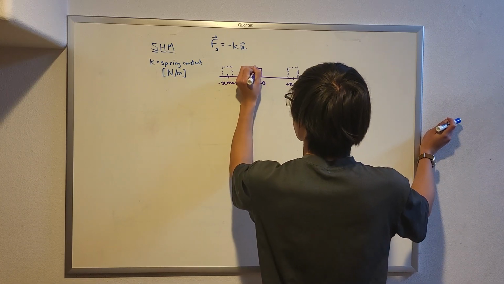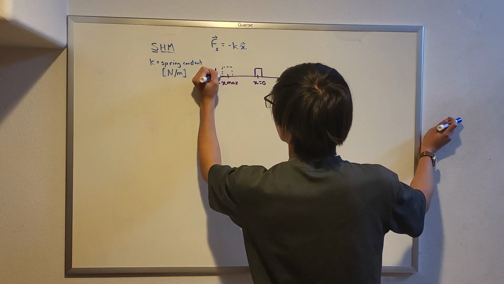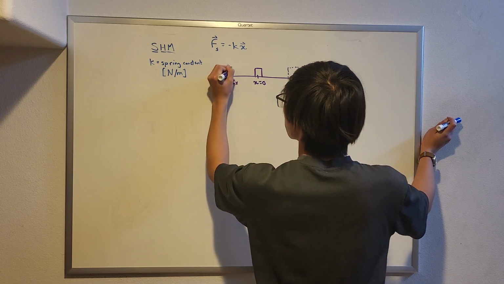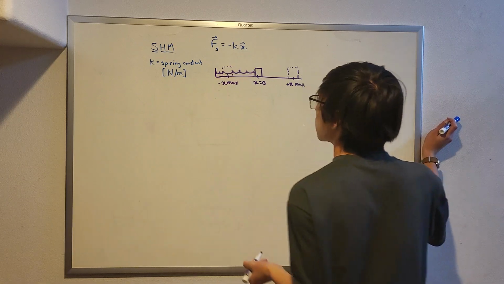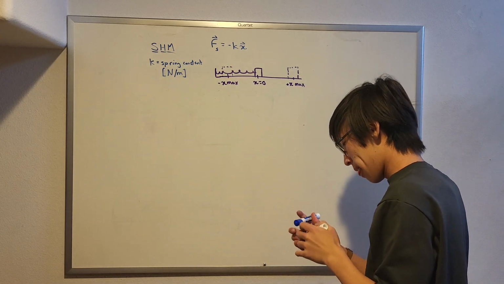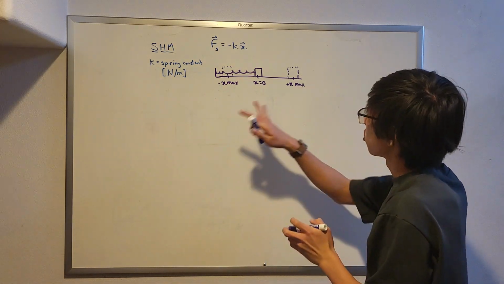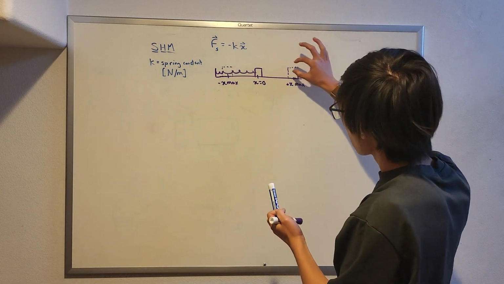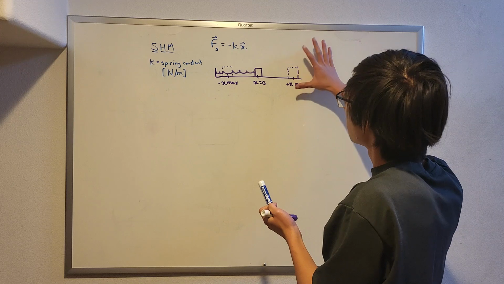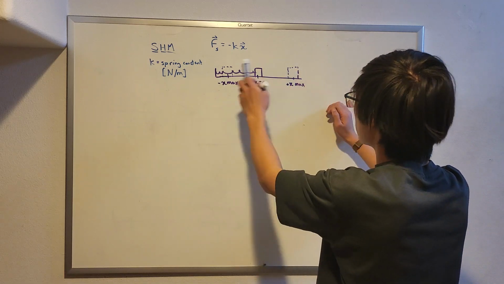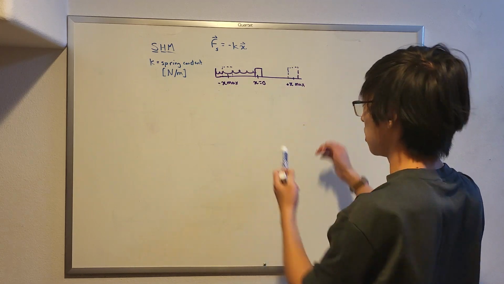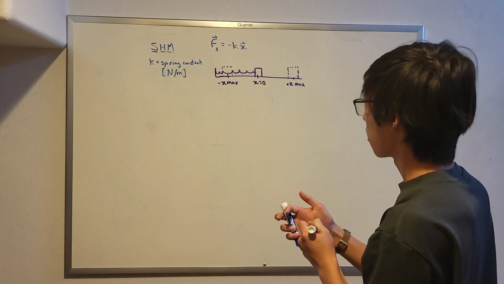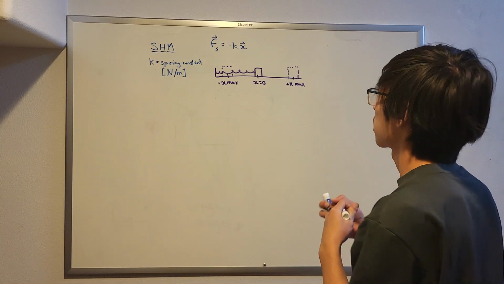Let's say we have our block here, there's some wall, and a spring connects it like this. If this was frictionless, no air resistance, nothing, and you pull the spring to the x maximum position and release it, it will oscillate between these two positions indefinitely in a cosine wave fashion.